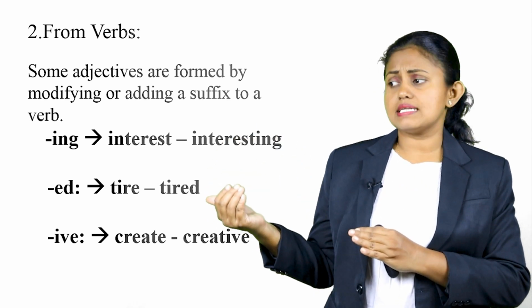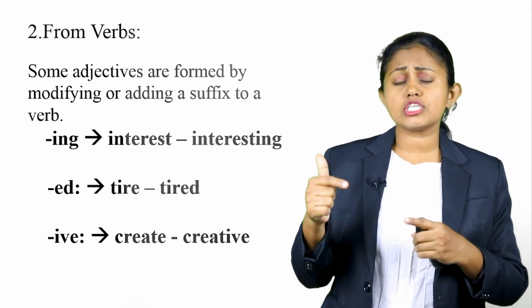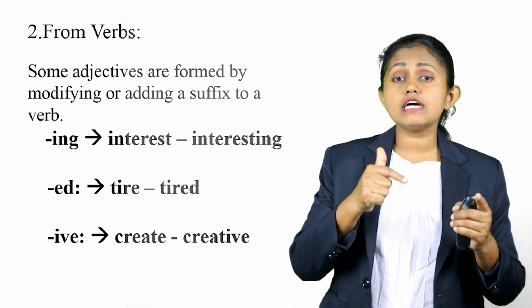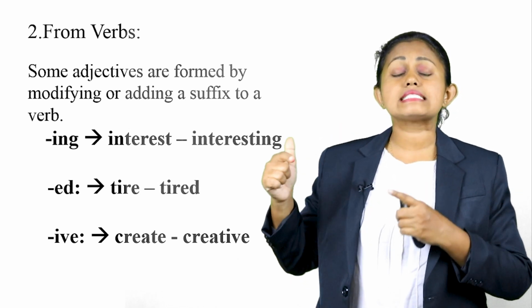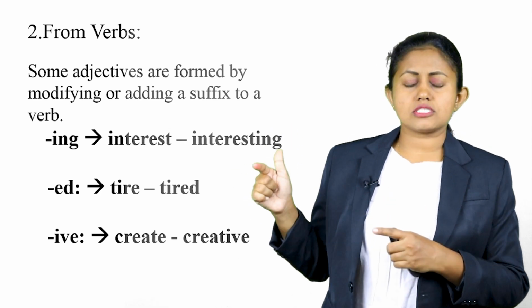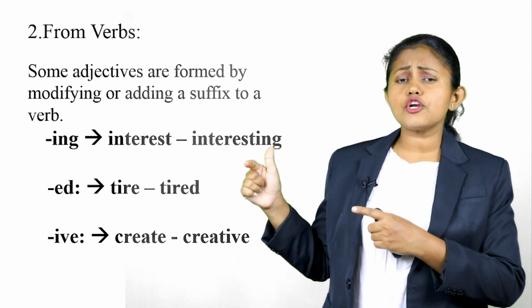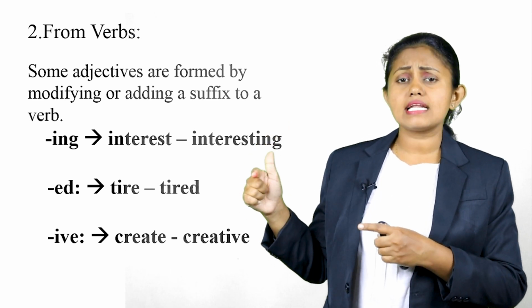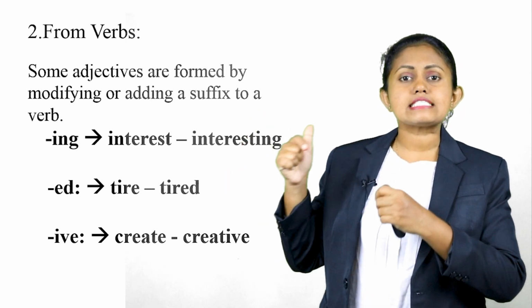For example, ing. You can add ing at the end of a verb and then those verbs become adjectives. For example, interest. You can add ing at the end of the word interest and then the adjective interesting is formed.